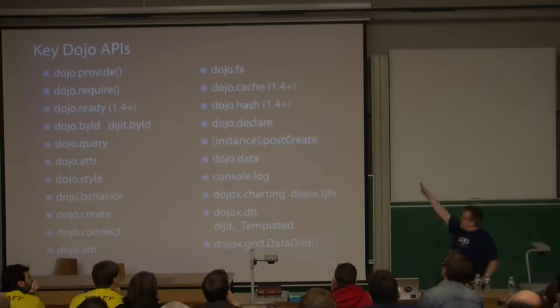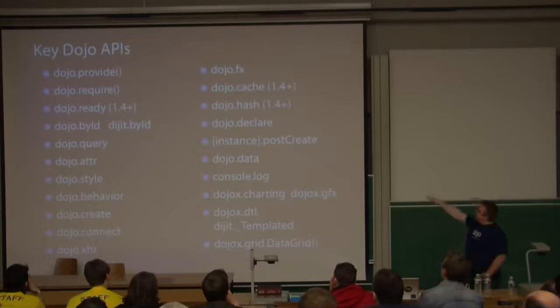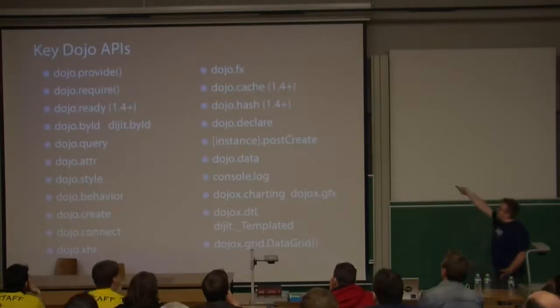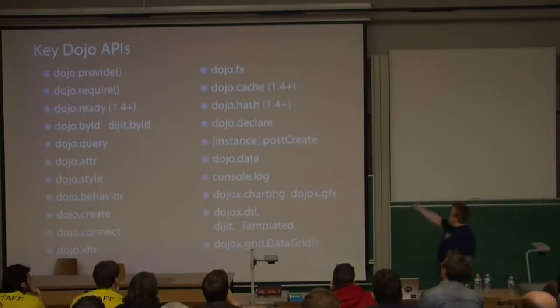But you can see we've got packaging stuff, we've got stuff to handle loading, we've got stuff to grab nodes, set attributes and styles and behaviors, creation of nodes, AJAX, effects, caching, and hashing, so for like back button type stuff. Declare for creating classes. If the next talk you'll see MooTools, it's the same thing as Dojo.declare is basically equal to a new class in MooTools.